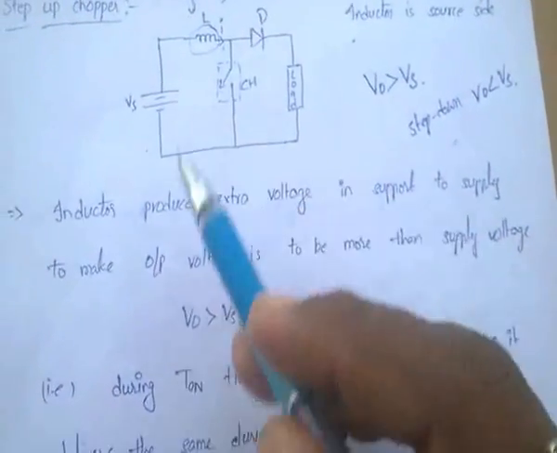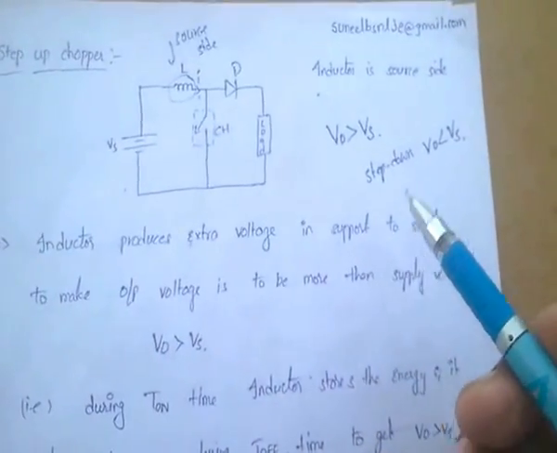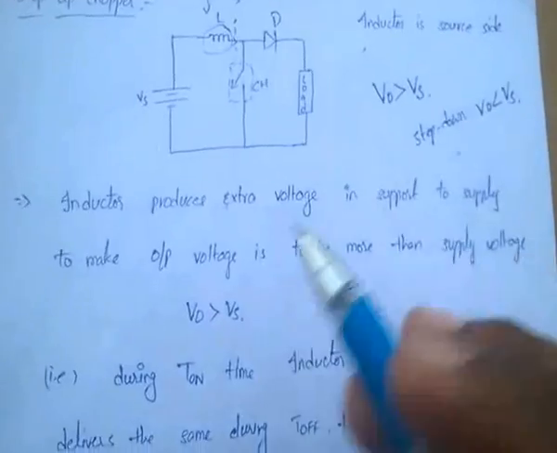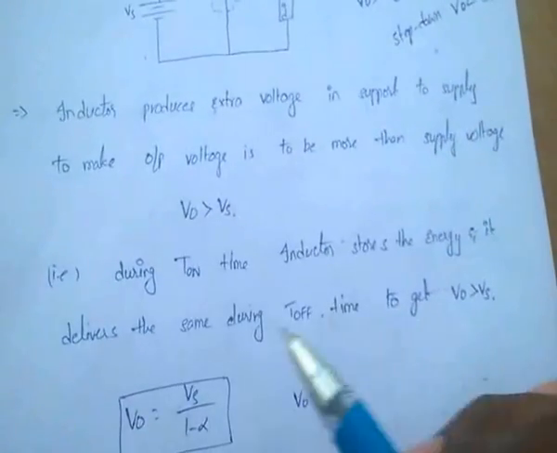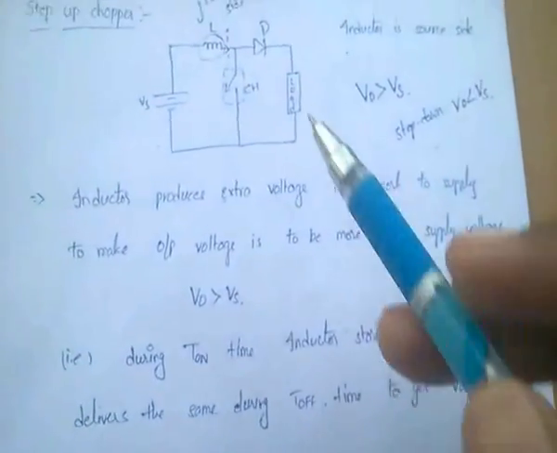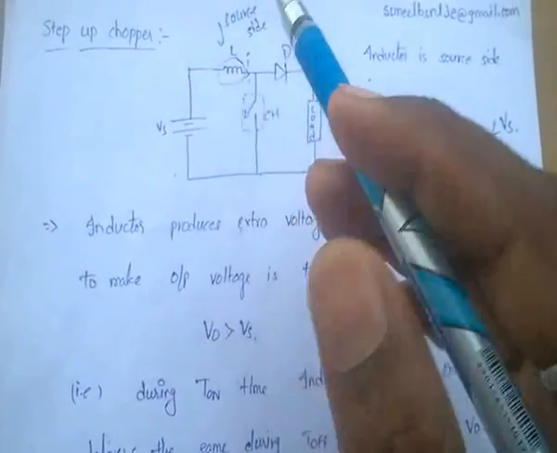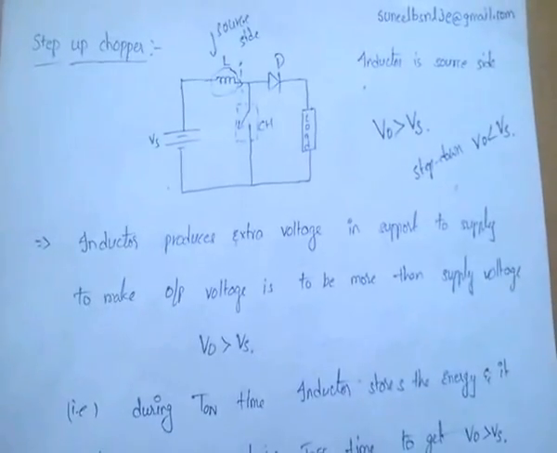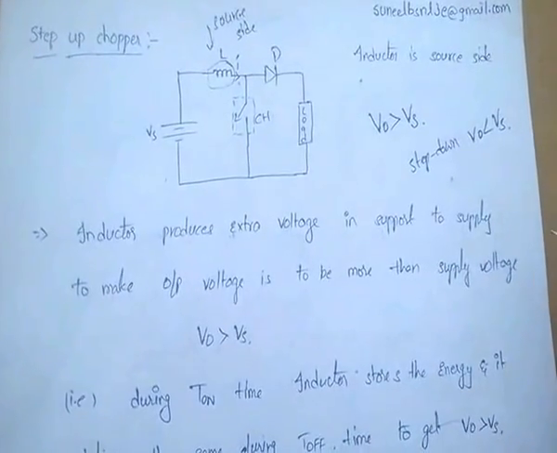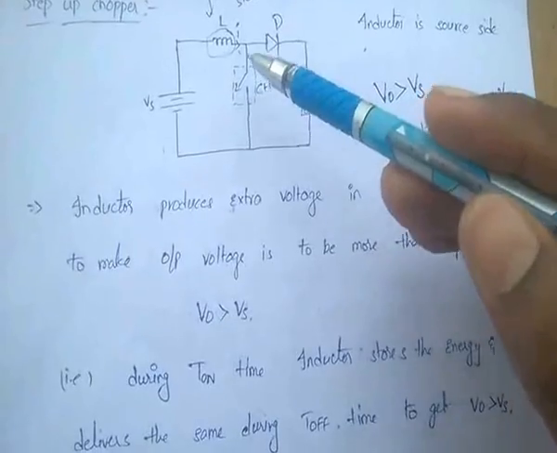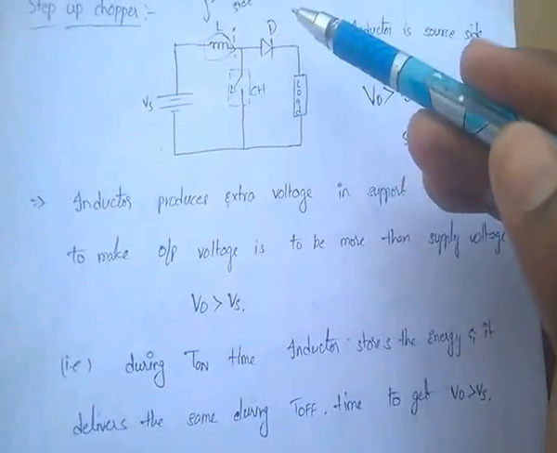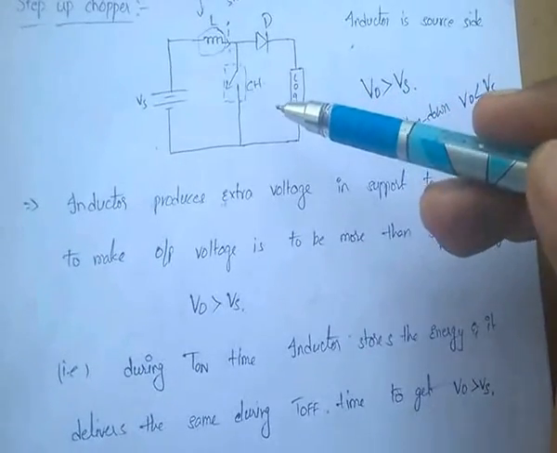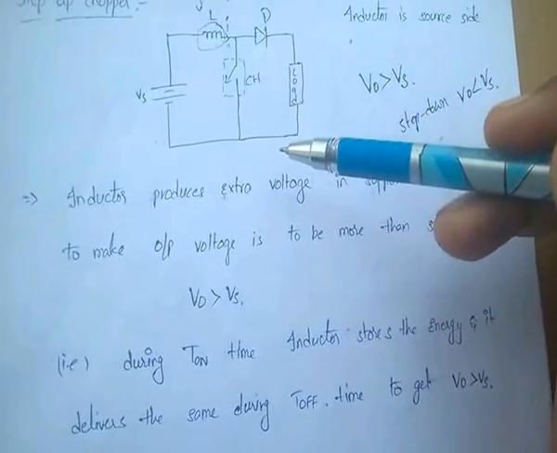Here the inductor produces extra voltage in support of the supply to make the output voltage greater than the supply voltage, that is V0 is greater than Vs. During turn on time, the inductor stores the energy, and it delivers the same during the turn off time.